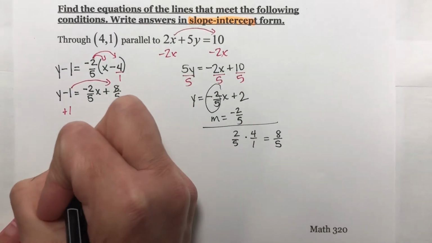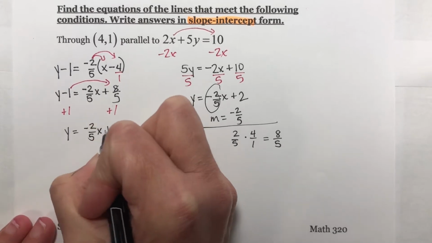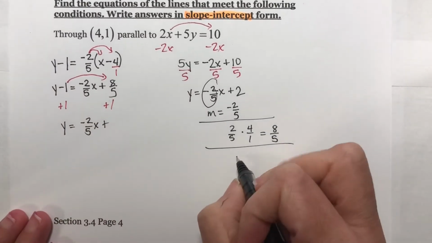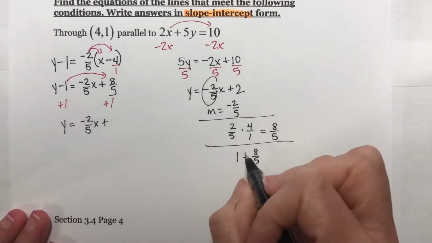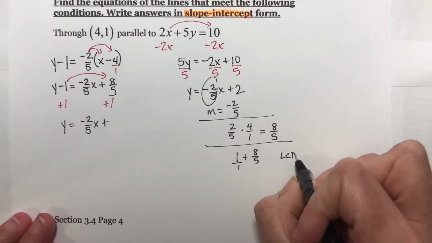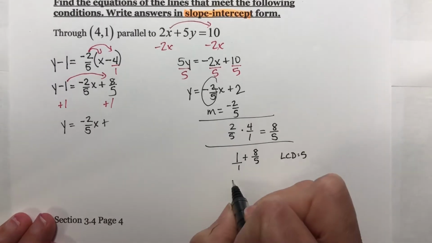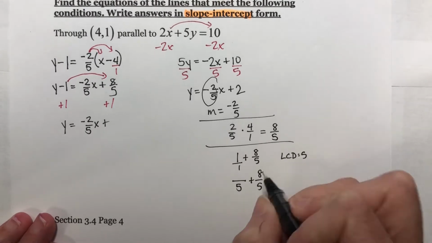And I get y is equal to negative 2/5 x plus 1 plus 8/5. We need a common denominator, and I can write this as 1 over 1. My LCD is going to be 5. So I need to write this as something over 5 plus 8 over 5.